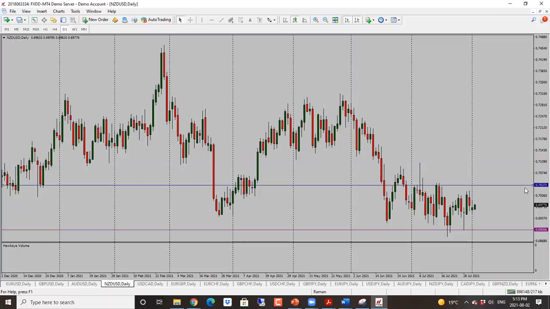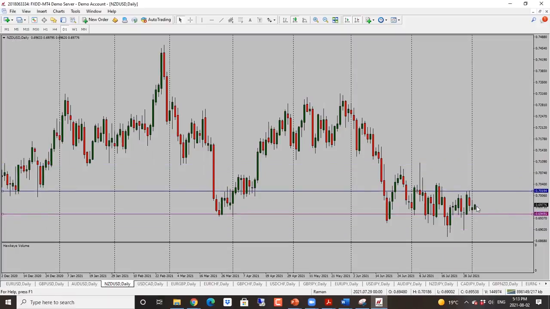New Zealand dollar, this one as well is going sideways at the moment. As we can see, price hasn't done much. Price has just been going sideways here. It came into support, couldn't get through, and it has just gone back and forth.